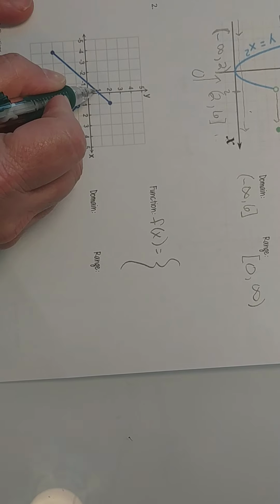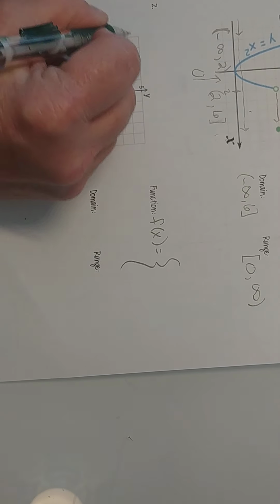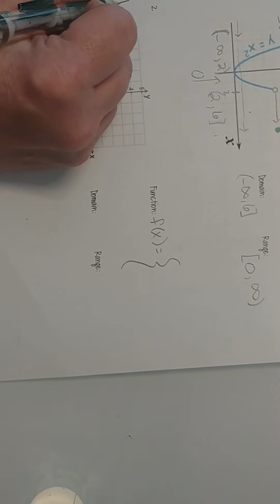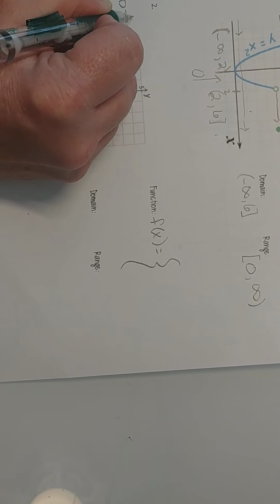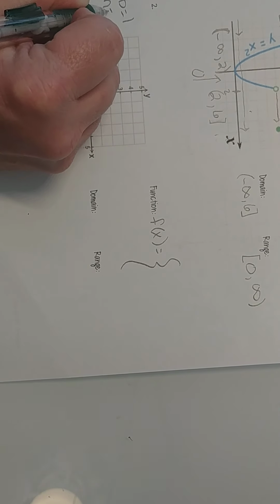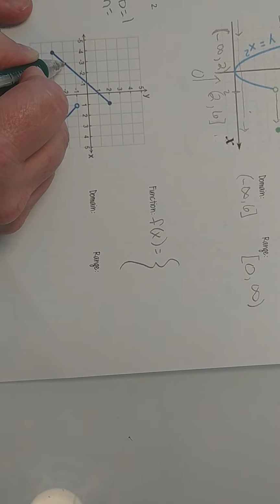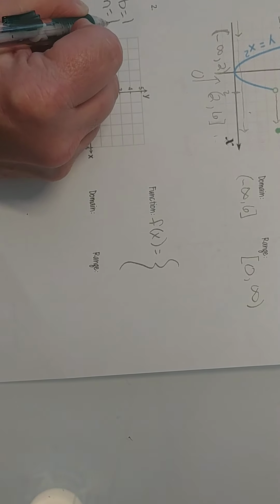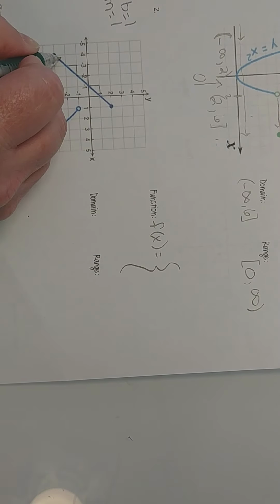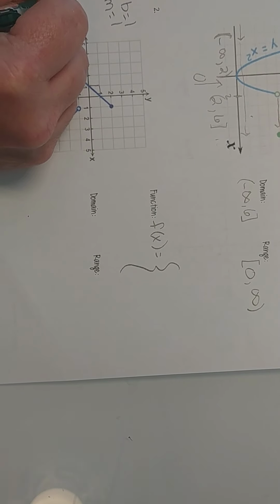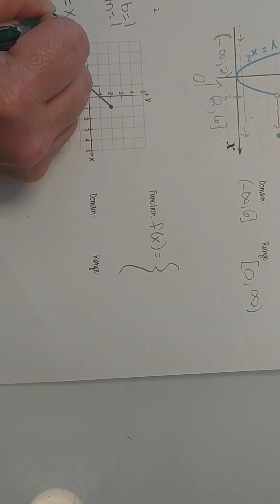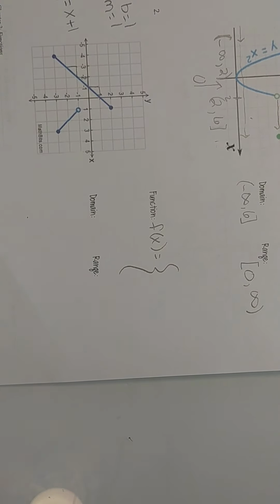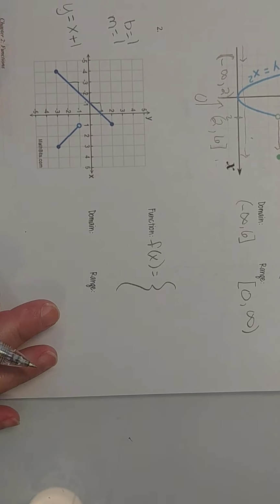So what we need is a y-intercept. So for this first one, b is equal to 1, and we need a slope. So it goes up 1 over 1, up 1 over 1, so our slope is 1. So this line here is going to be y equals 1x plus b, or y equals x plus 1.